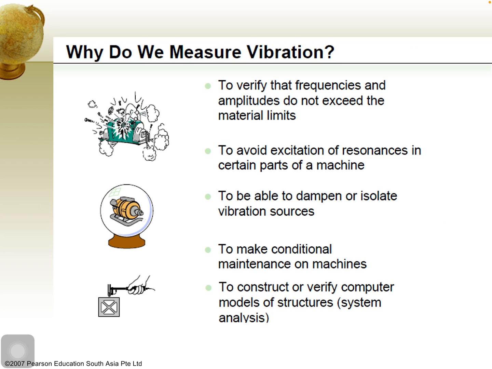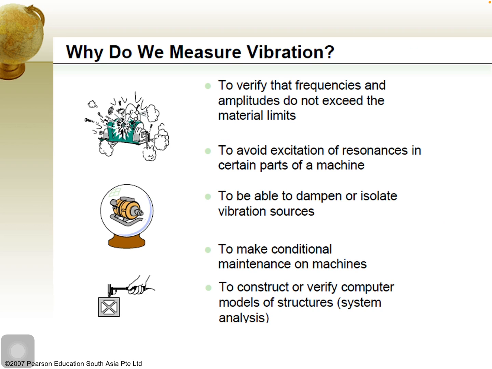When a vibration occurs, there will be fatigue, wear and tear. So we want to measure the severity of the vibration, and from that we can know the life of the machine according to the type of vibration and so on.